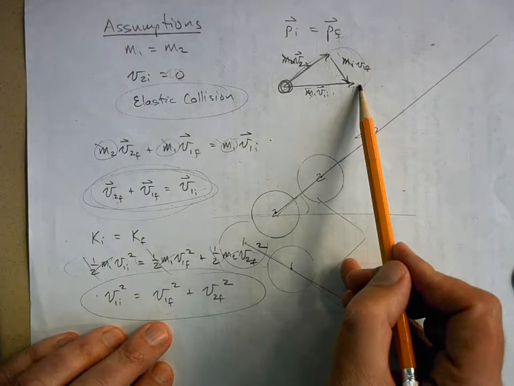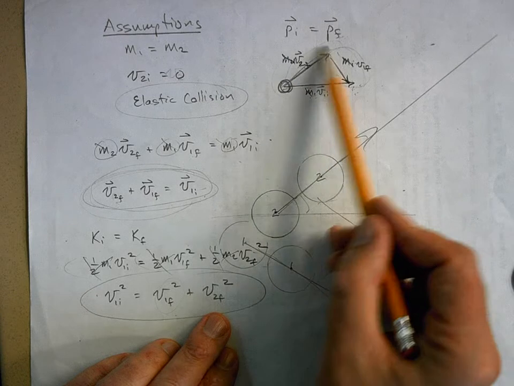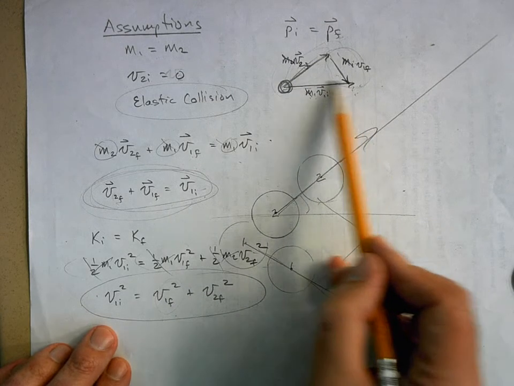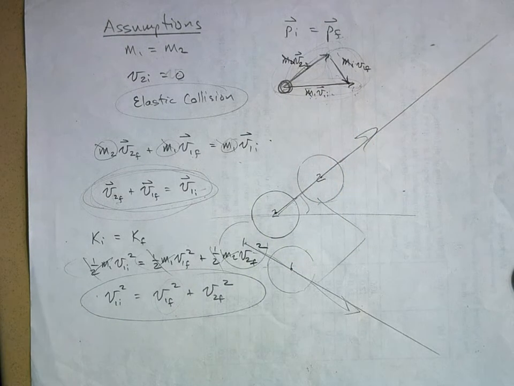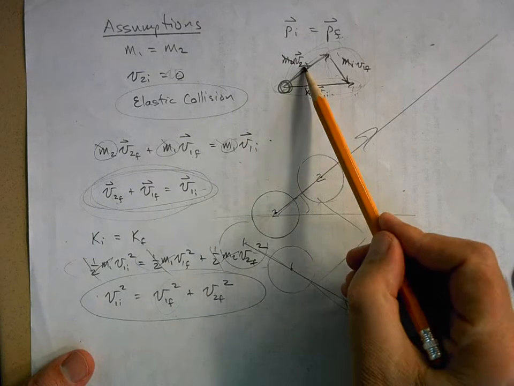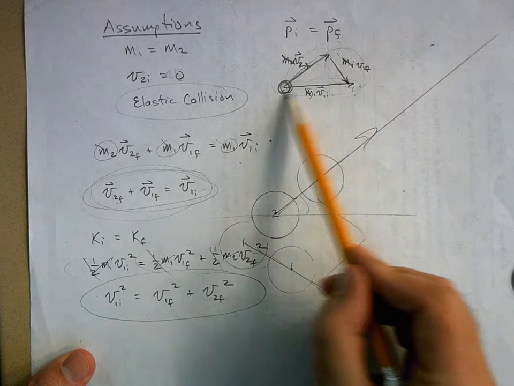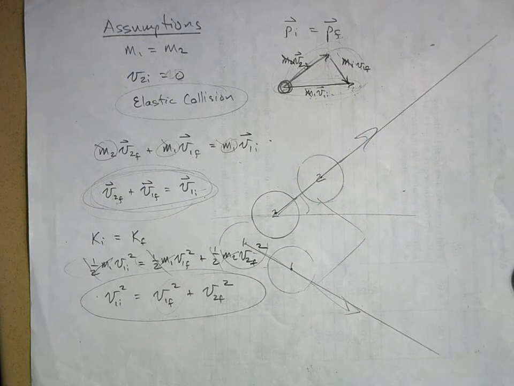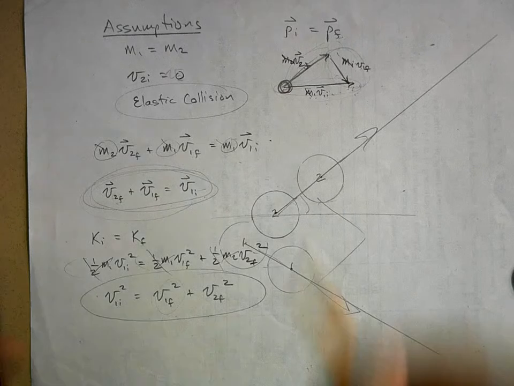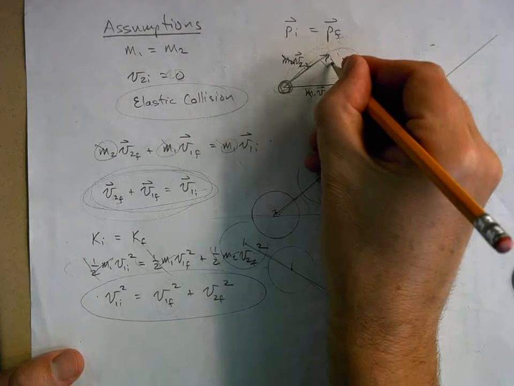V2 final, that's this leg. And V1 initial is this leg. So what's the only kind of triangle where this squared plus this squared equals this squared? A right triangle, which means this has to be a 90-degree angle.